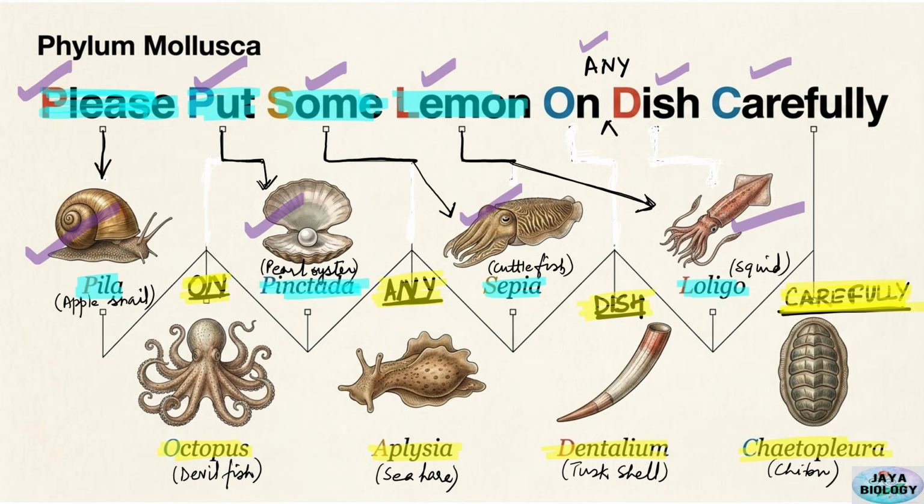Now I'm changing to the green color. On any dish carefully: Octopus, devilfish, any Aplysia, sea hare, dish, Dentalium, tusk shell, carefully, that is Chaetopleura, chiton. So these are the learning tips. Please learn it, it is very helpful for you.